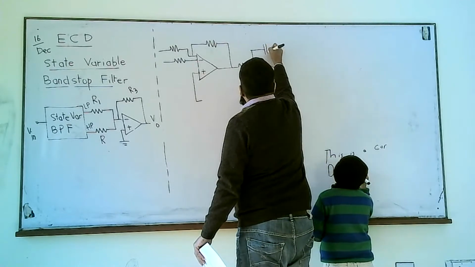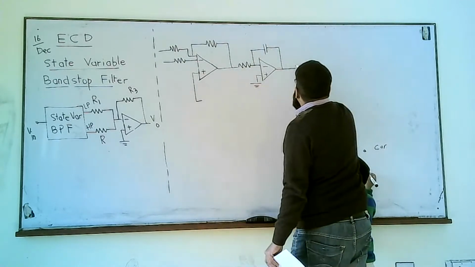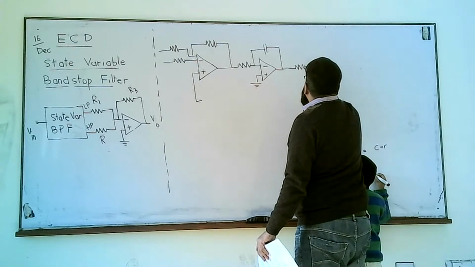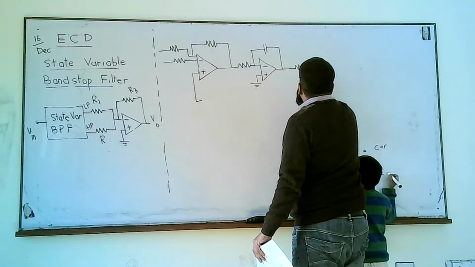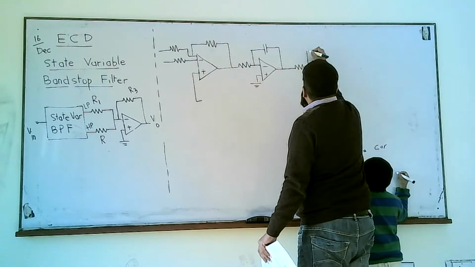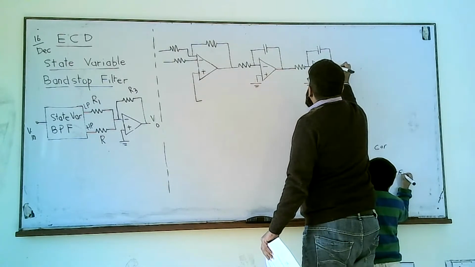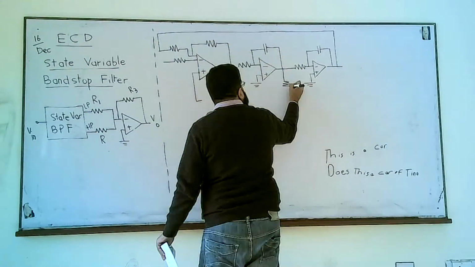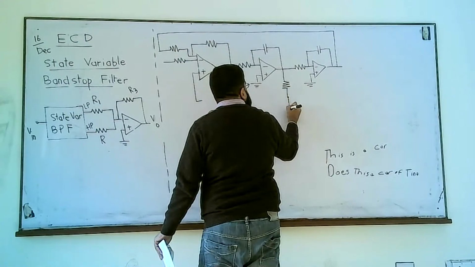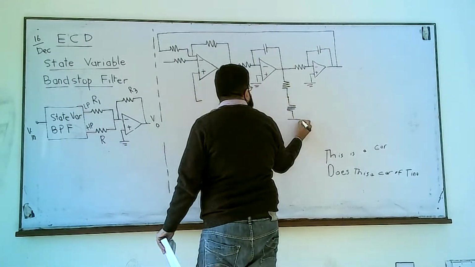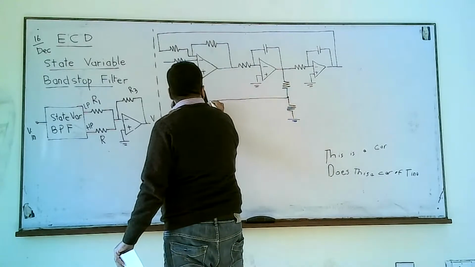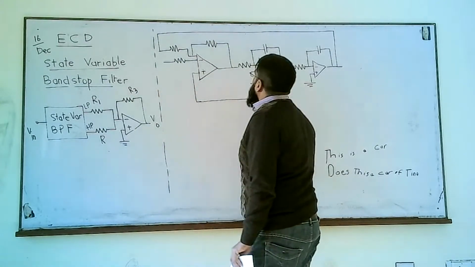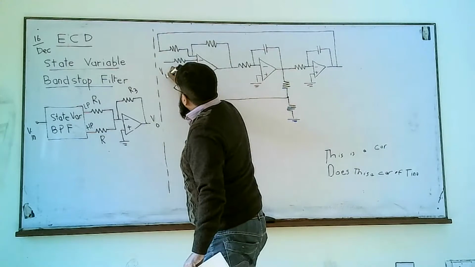And of course, if it's an integrator, there is a capacitor in the feedback loop, then another integrator with a resistor in series and a capacitor in the feedback loop. And finally, a feedback band pass filter.